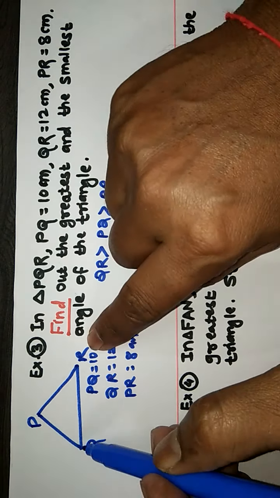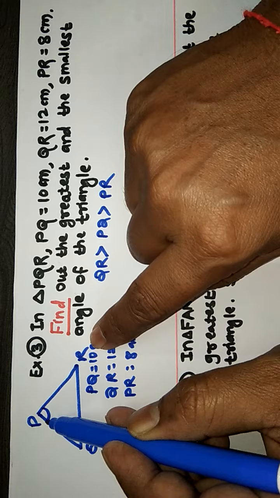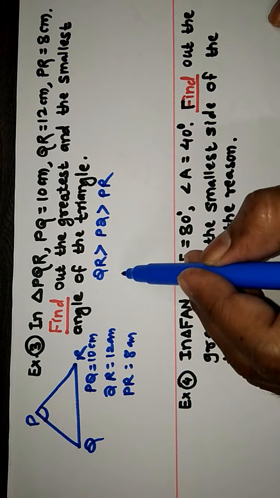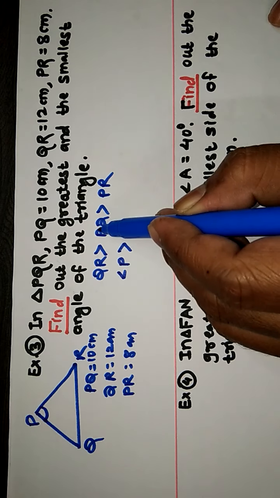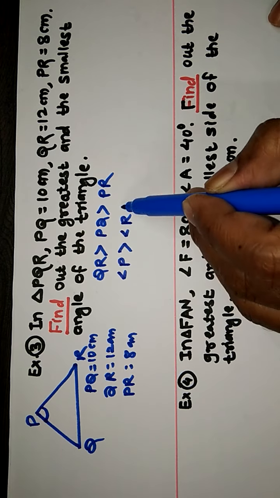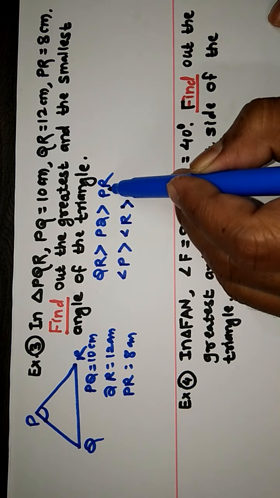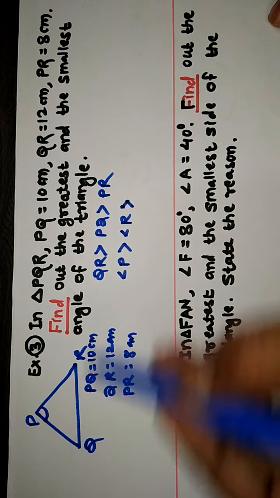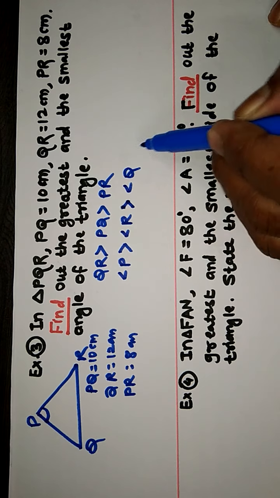What is the angle opposite to QR? Means angle P. QR is greater, then its opposite angle P is greater. So the angle opposite to side PQ means R, this is the middle one, and the third side PR is smaller, its opposite angle is Q, this is the smallest.